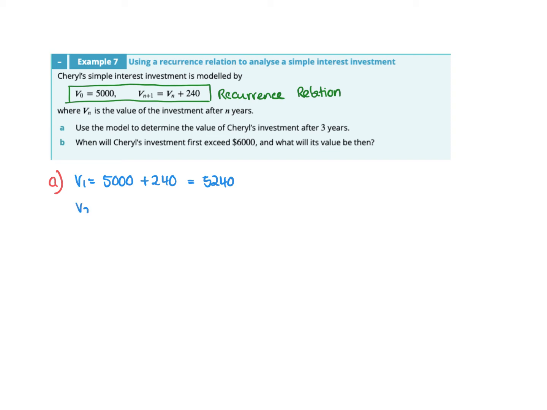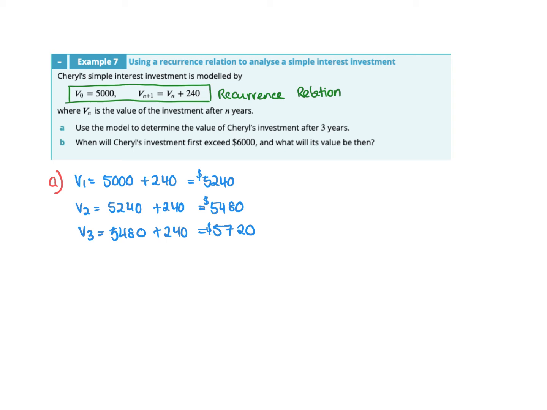Then you have to show that V2 is 5,240 plus 240. So we're constantly adding the 240, and then you get to V3 and you'd show that it's 5,720.